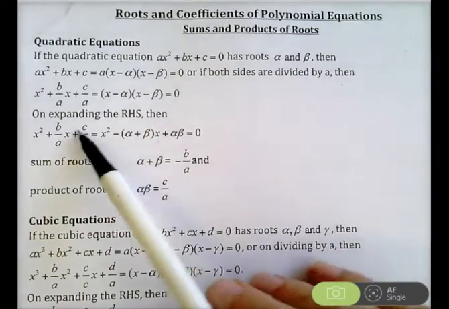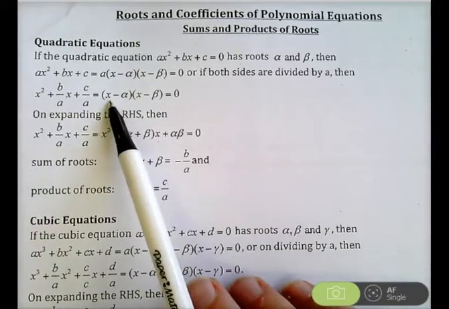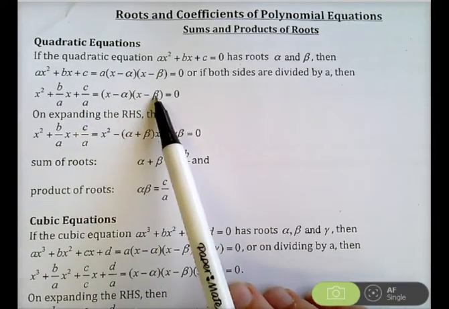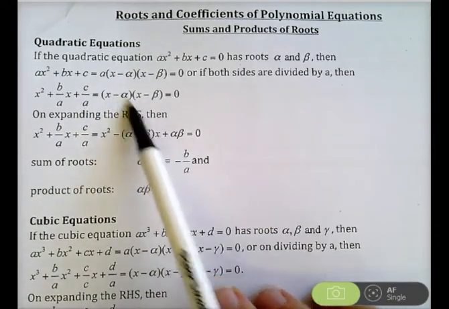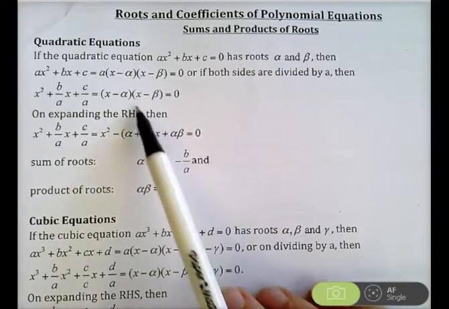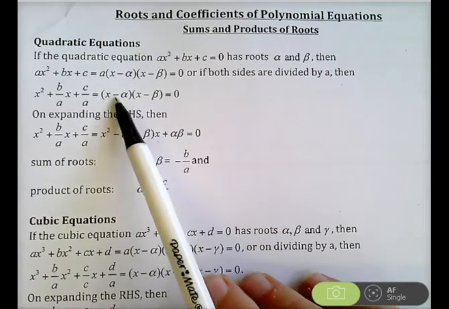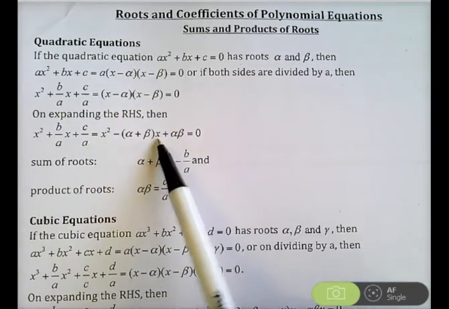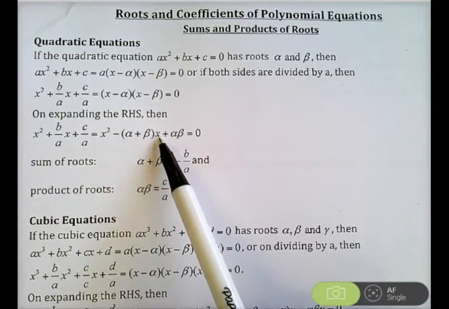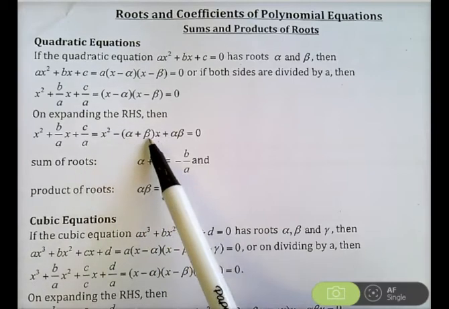Now, if we expand this right-hand side, don't we get x squared minus beta x minus alpha x plus alpha beta? And because I had 2 terms in x, I had minus beta x minus alpha x, the x terms are common, and you can factorize out the x and you'll get minus alpha plus beta x.